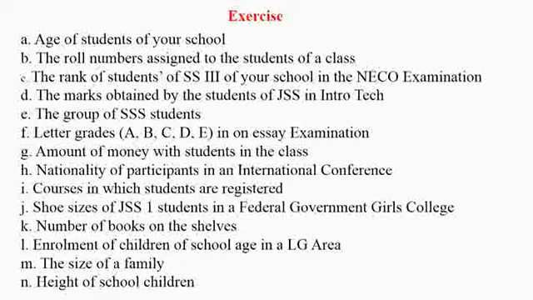If you measure it precisely enough, it's continuous. Therefore, we can say that age of students of your school is ratio scale data, because it has a meaningful 0 point, and it is also continuous.